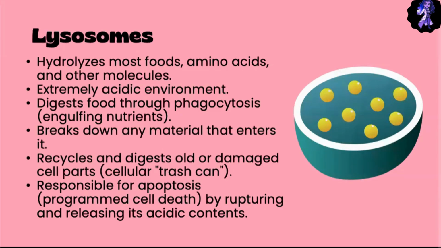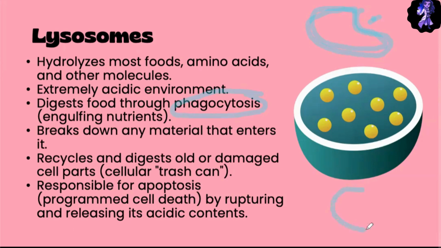I also want to draw your attention to this other word called phagocytosis. There are terms like phagocytosis or pinocytosis that you may see, and the cell itself can sometimes engulf products by forming a mouth-like structure. I'm a little bit older, so I think of it as a Pac-Man.